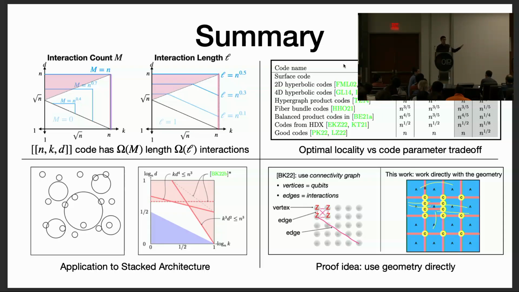We have some follow-up work with Eugene Tang where we generalize it to larger dimensions. If you have a three-dimensional embedding, you need a certain number of long-range interactions, but I didn't present it here.